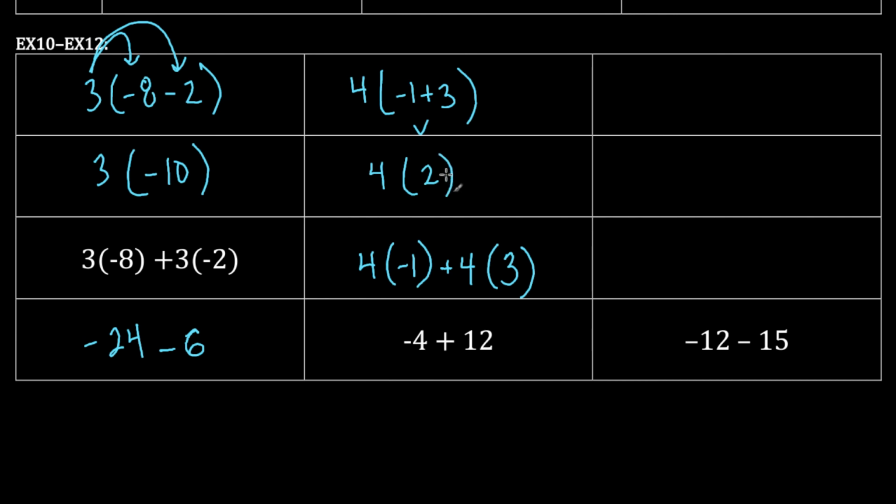Okay, our last one. We have a negative 12 and then 15. So 3 goes in here. But let's say you want to take out a negative 3, because you can always take out a negative 3. A negative times a what is a negative? A negative times a positive. So negative 3 times 4 is negative 12.